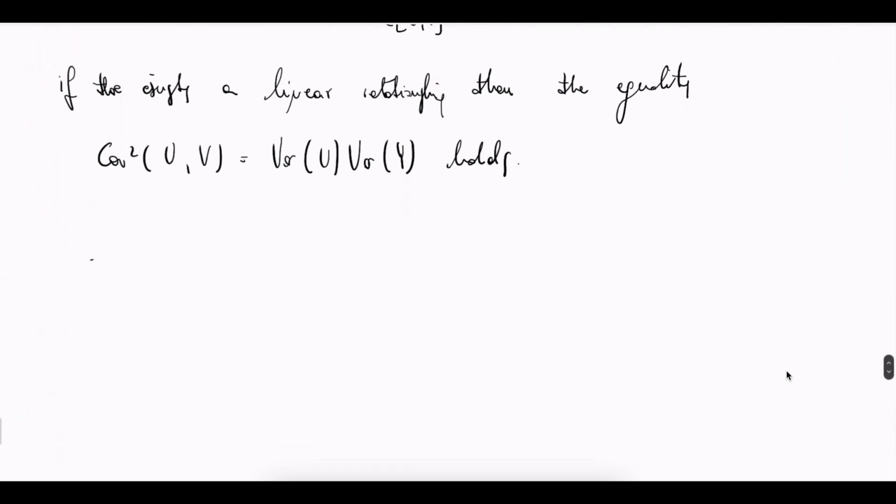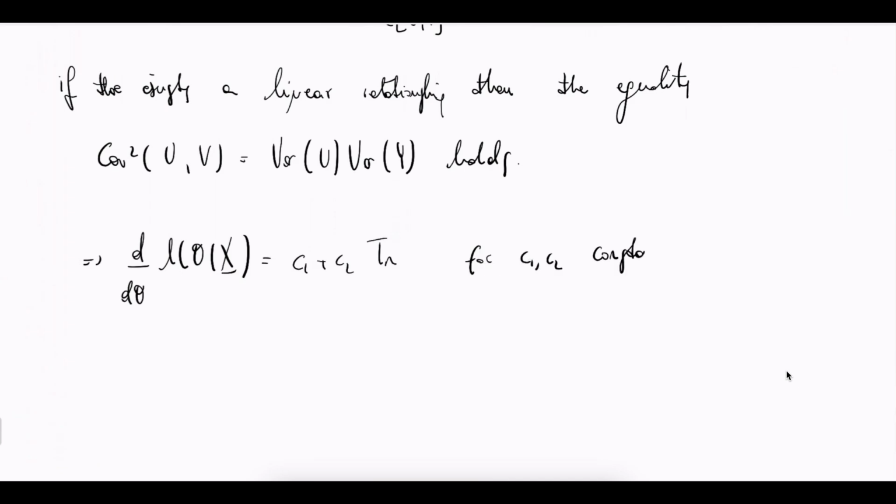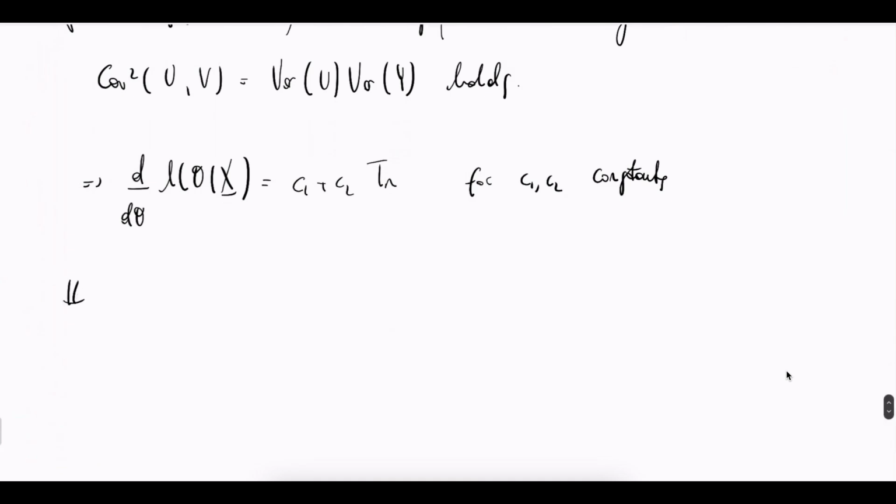Hence, we can write the score function like this, for C1, C2 constants. At this point, we take the expectation. So let's write it like this.